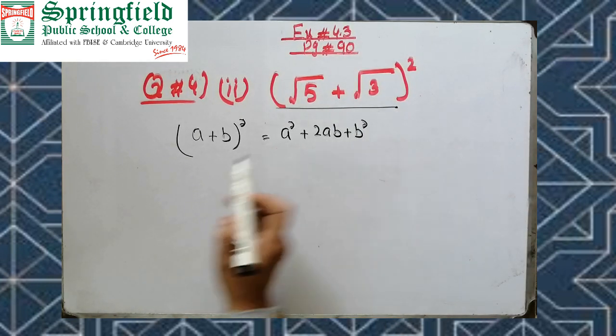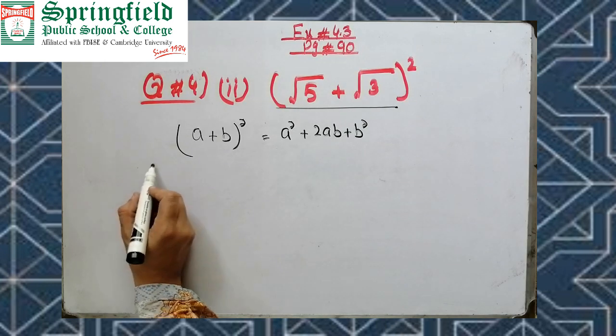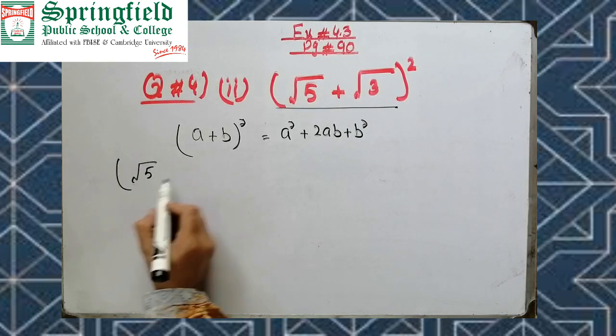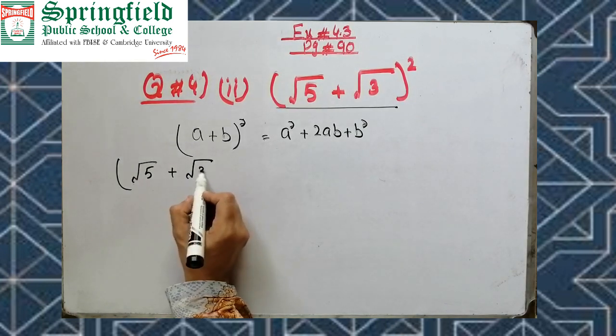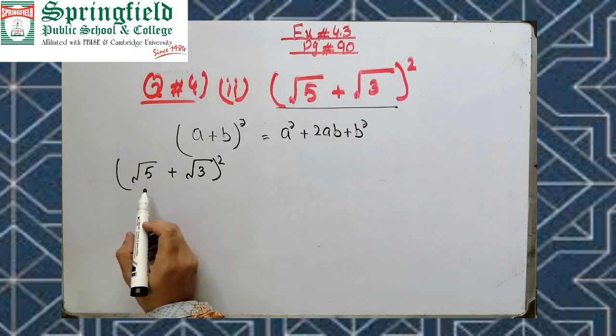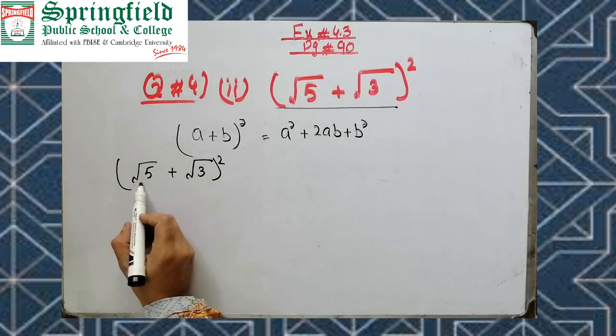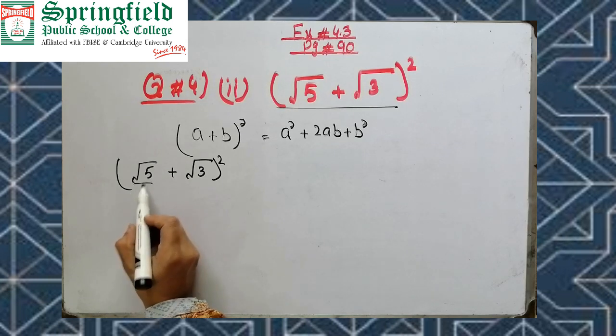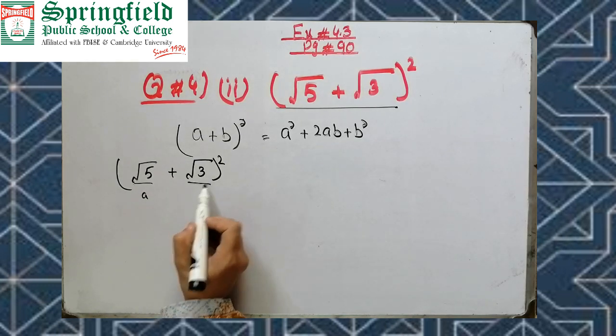Now open this according to this formula: under root 5 plus under root 3 whole square. You can consider this number is a and this one is b.